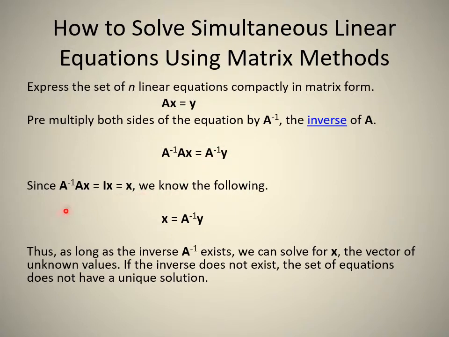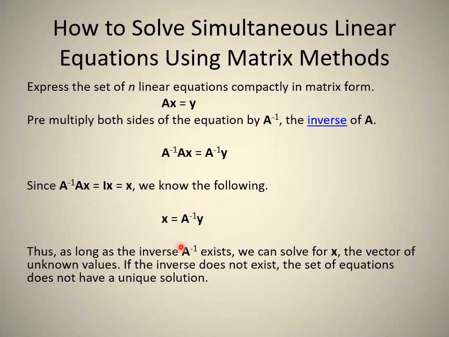And since we know that A minus 1 times A gives us an identity matrix, and any matrix multiplied by an identity matrix just gives us the original matrix, we know that that part, A minus 1 times A, falls away, and we end up with X, the column vector of unknowns, equals the inverse of A multiplied by the right-hand side.